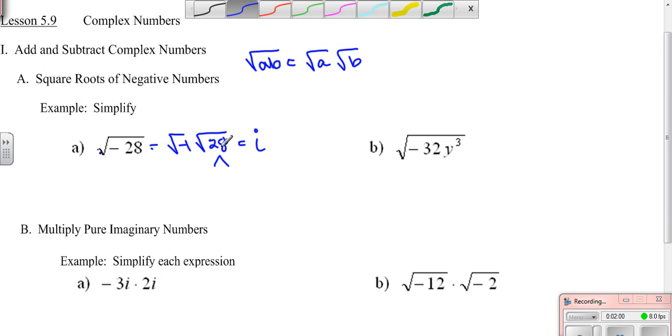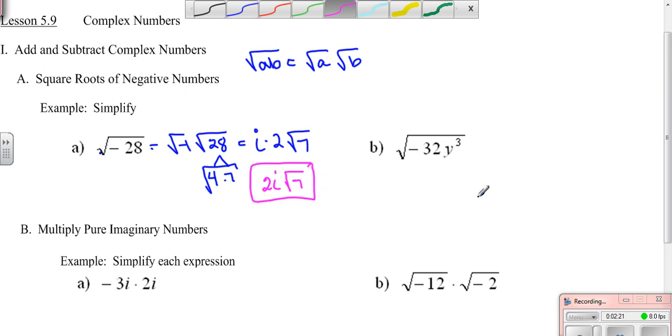Are there any perfect squares in 28? Well, 28 is 4 times 7. So the square root of 4 is 2. 7 is my leftover. It's good math grammar to write the real number first and then the imaginary part. And that's your answer. So really nothing is changing except now I have the square root of -1.